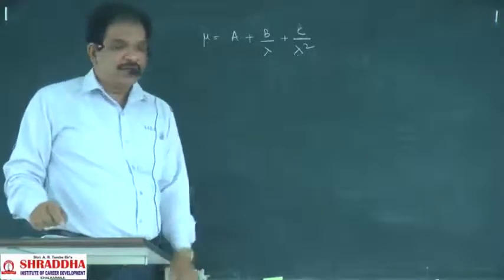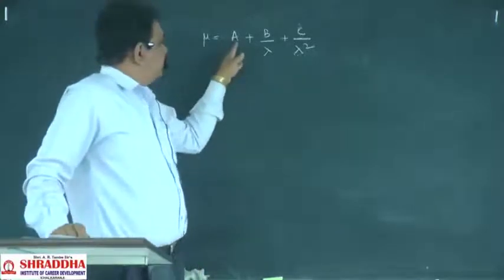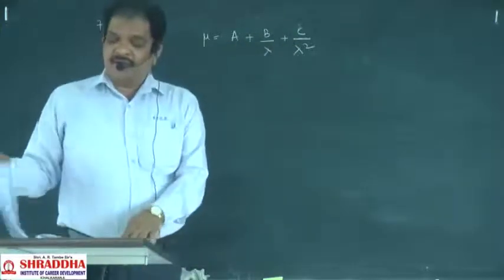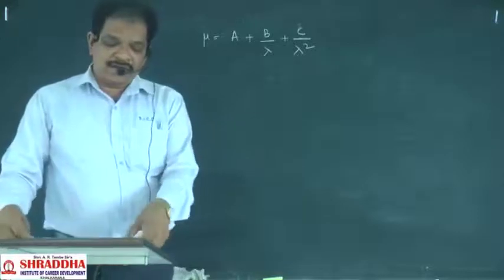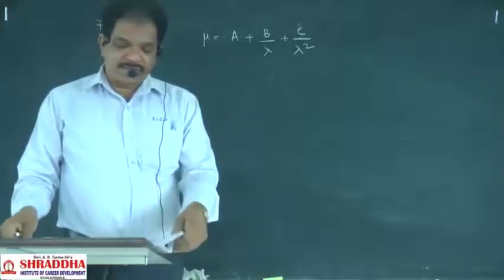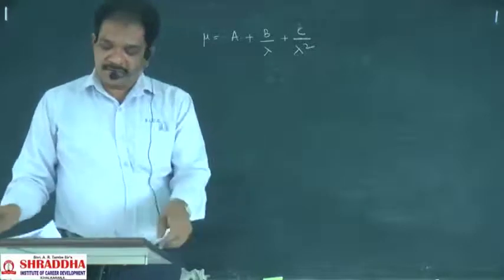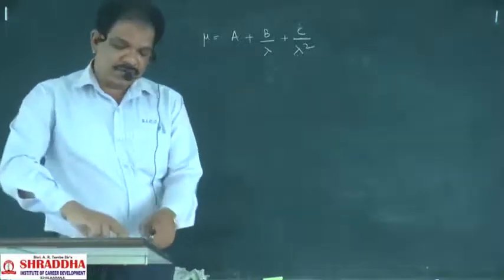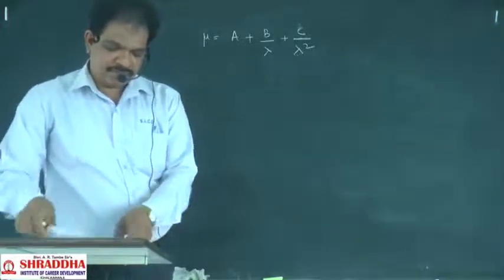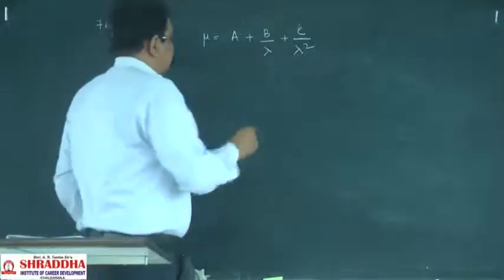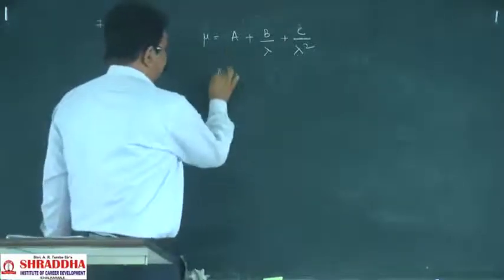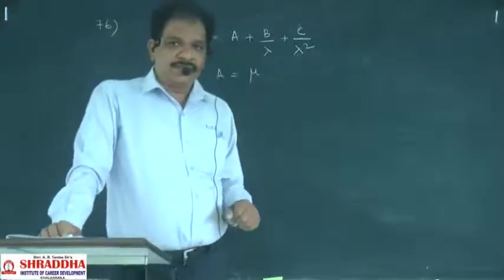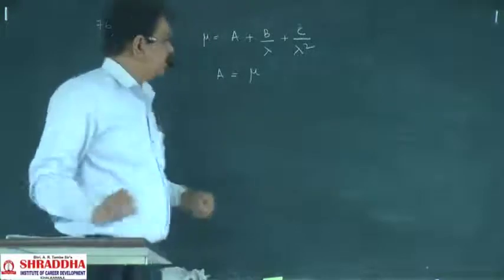So, mu, A, B by lambda, and C by lambda square will all have the same dimensional formula. So apply that only. So mu equals A. Mu is dimensionless, so A will also be dimensionless.